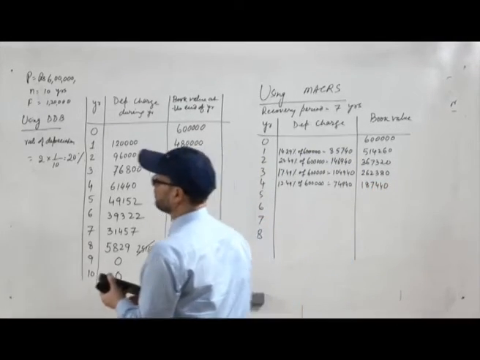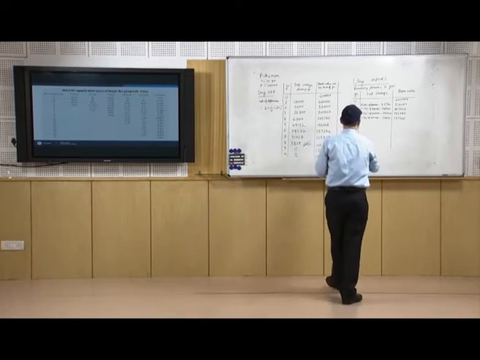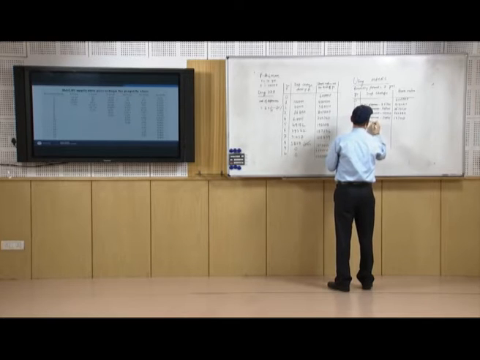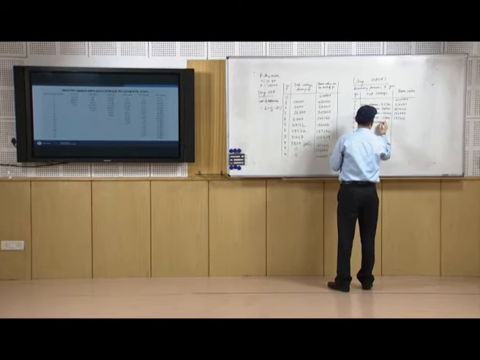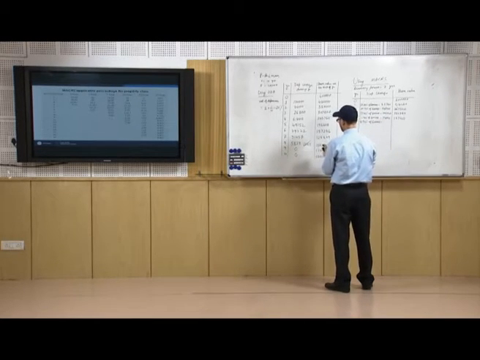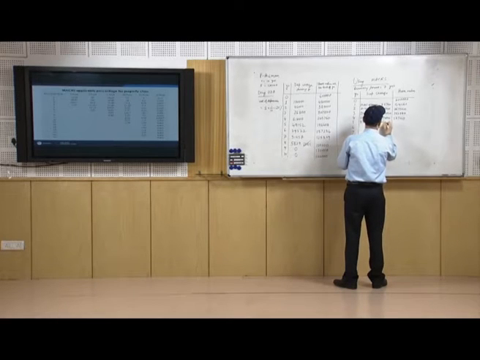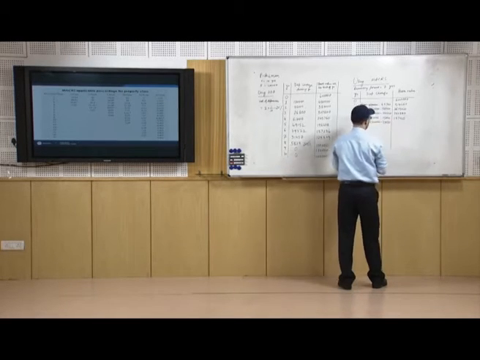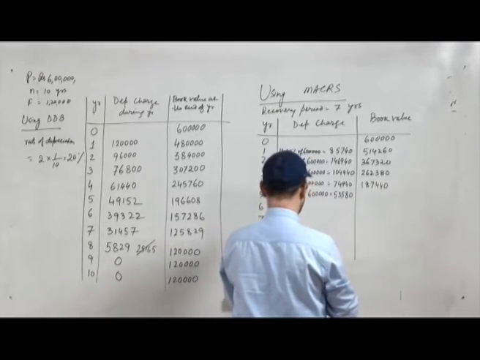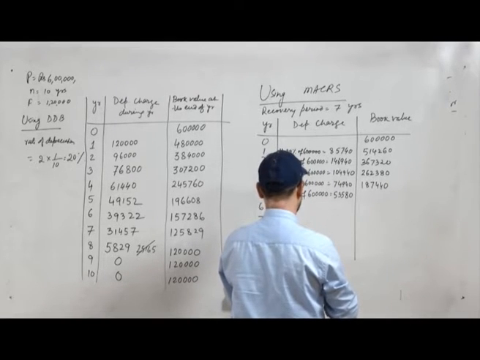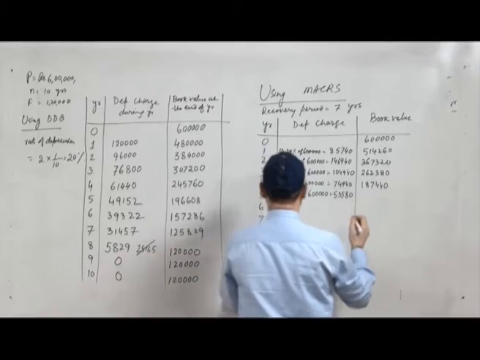Next is 8.93%, 53,580. So, 187,440 minus this amount is 133,860.